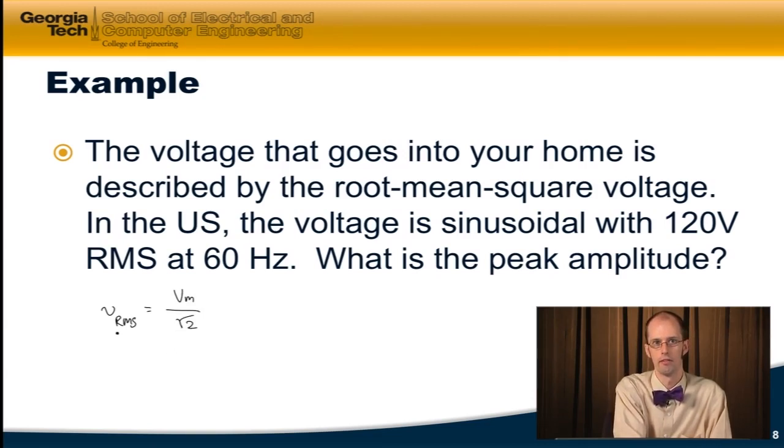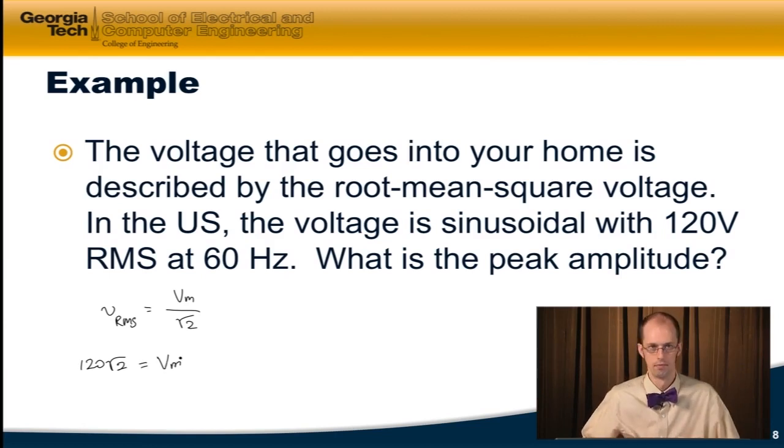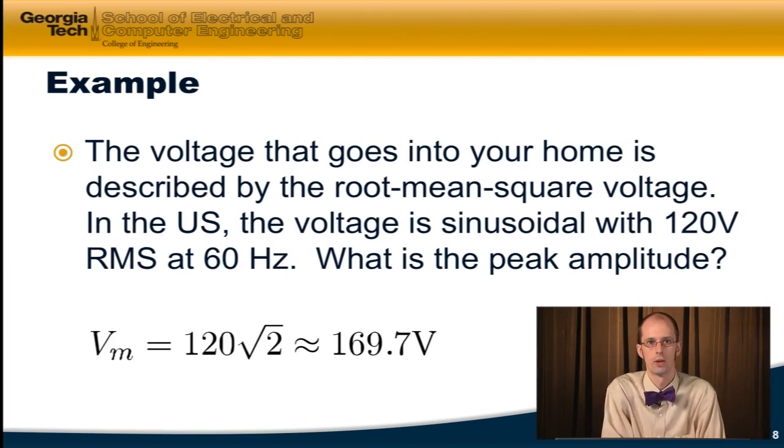We know here VRMS is 120, so we get 120 times the square root of 2 is equal to Vm. So consequently, the peak voltage, or the highest voltage that you will see if you measure the voltage coming out of your home, is 169.7 volts, with a minimal value of minus 169.7 volts.